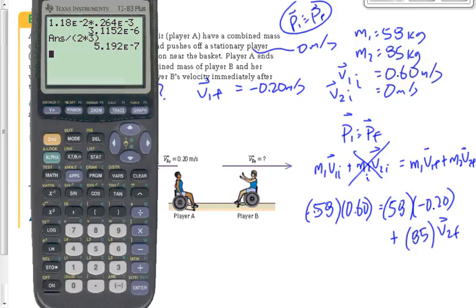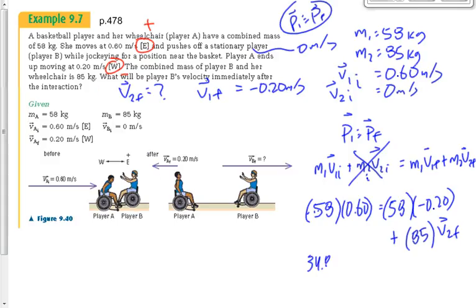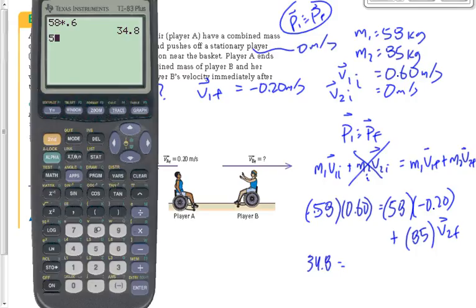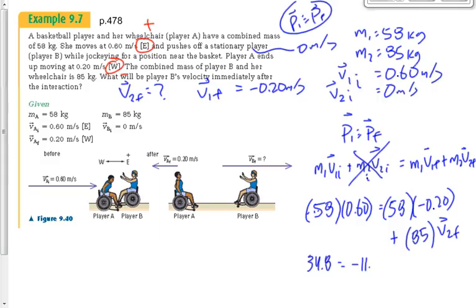So let's pull out our calculator and start calculating some things here. Let's say 58 times 0.6, okay, that gives us 34.8, equals 58 times negative 0.2, negative 11.6 on the right side, plus 85 V2F. What goes over to the left side?